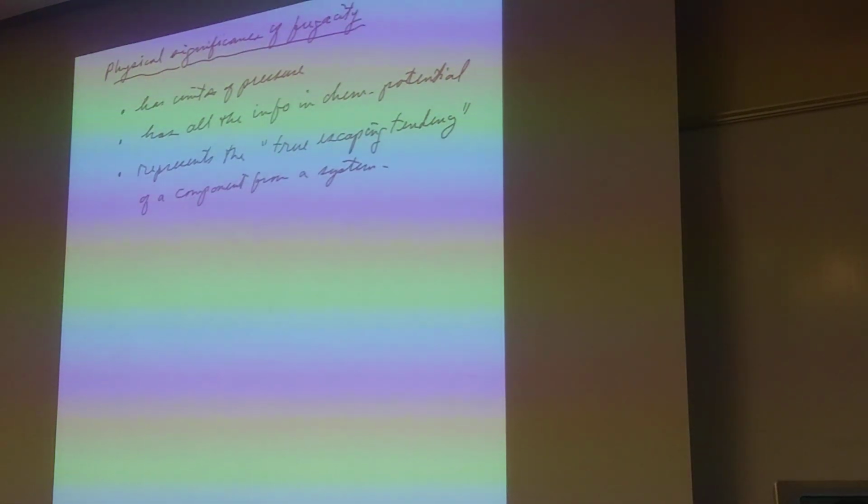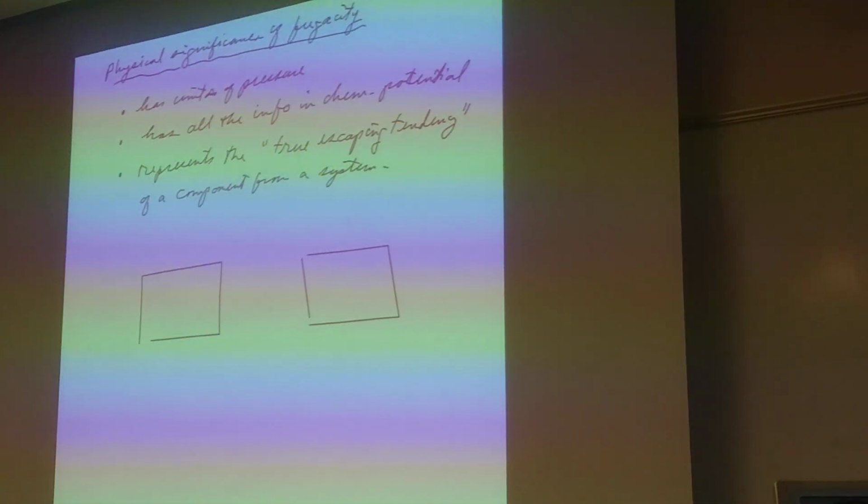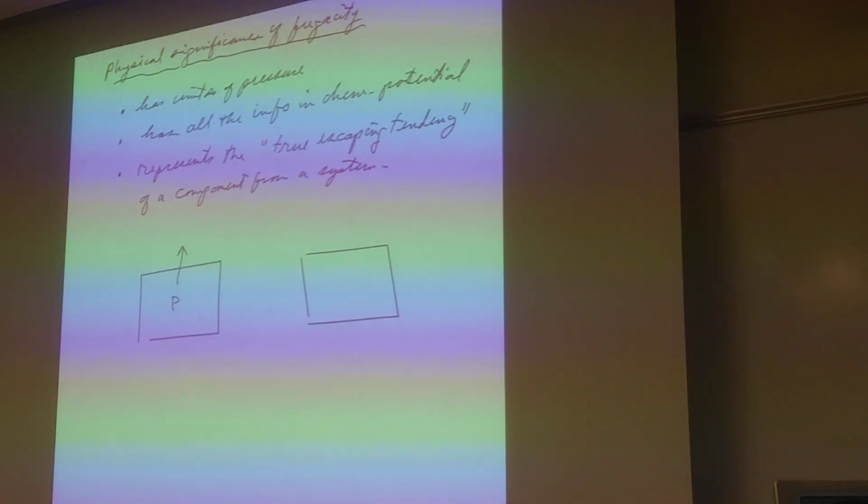Now for ideal gases, the pressure is the escaping tendency. Let's just draw a little diagram to make that point. So if I have an ideal gas in a system like this at a pressure P, that pressure represents how badly or how strongly that component wants to get out of the system. And I think that should be intuitive.